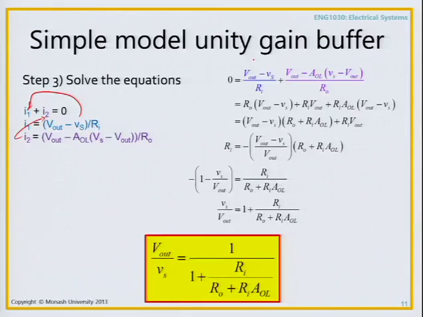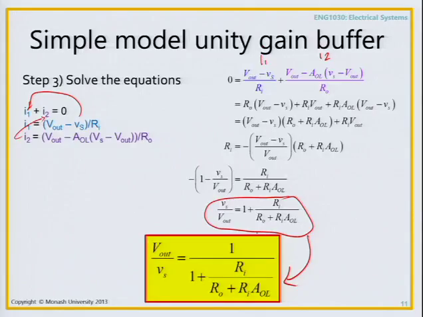So here's I1, here's I2, and the sum of those must be equal to 0, and you can work that all the way through. I can multiply through by Ri and Ro, take some V outs, factorize those out, and eventually I come out with this, and that becomes this. Okay, so this is the neatest that I managed to make V out over Vs.